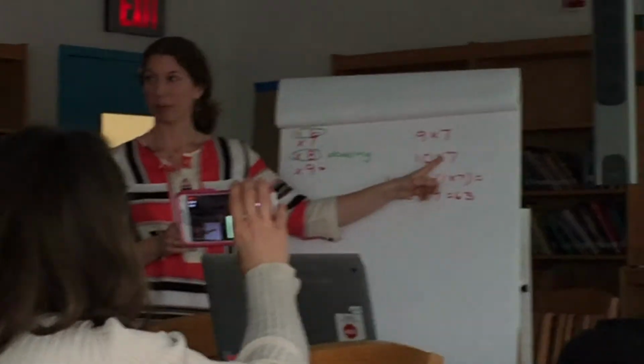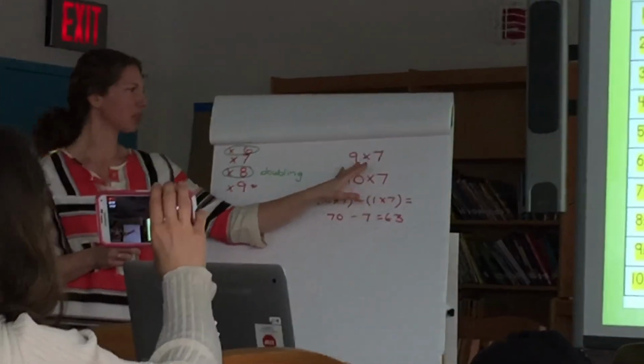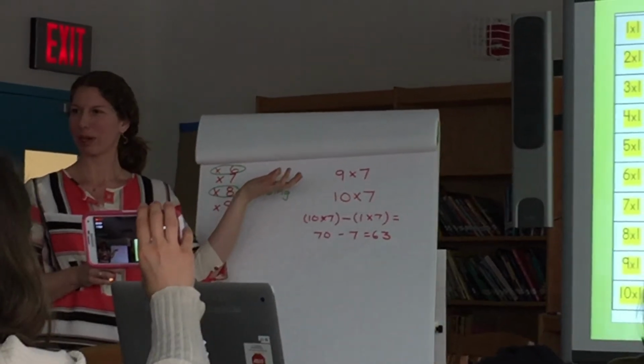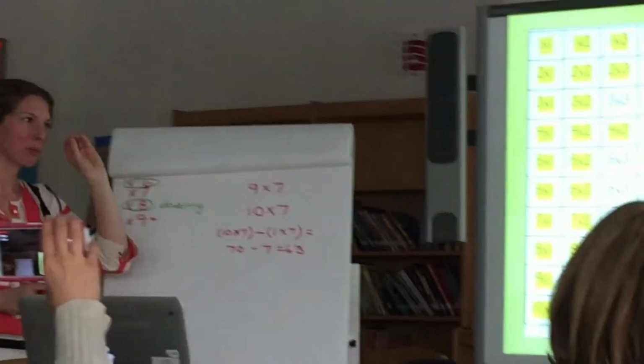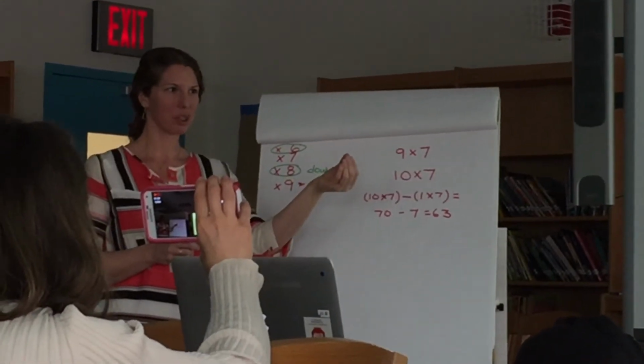This groups of language is really important because when I adjust, so I know I'm gonna start with 10 groups of 7, but now do I remove the group of 9 or do I remove the group of 7? So if I'm not thinking groups of, do you hear how the language supports you in thinking about what to adjust?